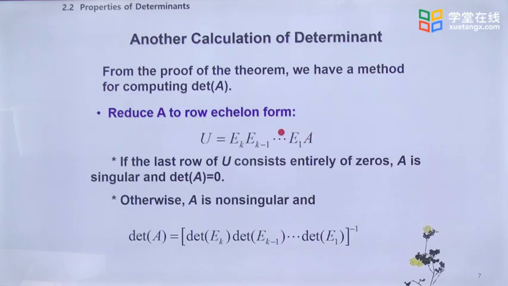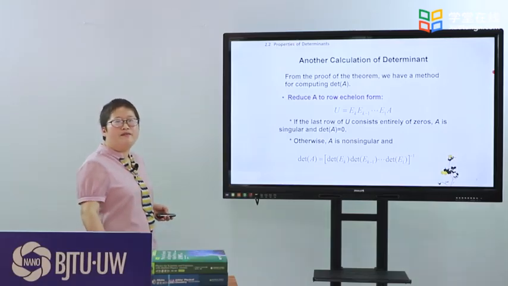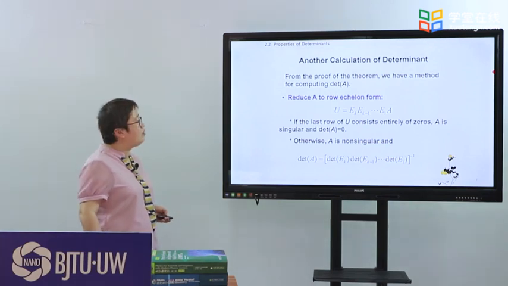And then using the property that the determinant of a multiplication equals the multiplication of determinants, it equals determinant of E_k times determinant of E_{k-1} till determinant of E_1 times determinant of A. And then because A is non-singular, U is a triangular matrix with diagonal entries all 1, so determinant of U equals 1.